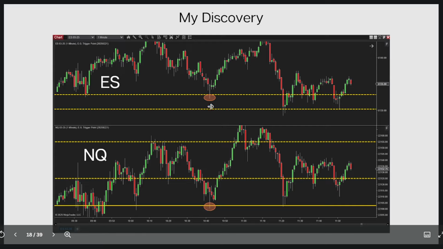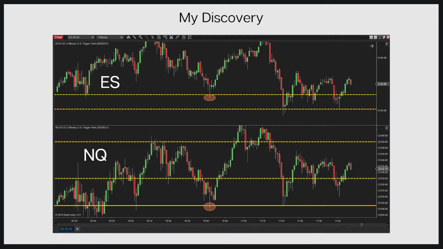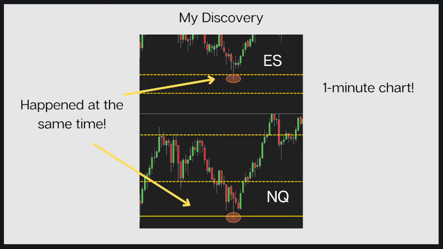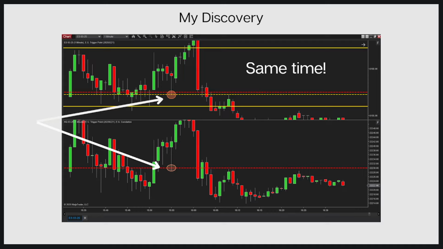Now, again, guys, this is a 1 minute time frame. I saw this reaction on the 1 minute time frame to our trigger point happen at the same time. So it was a very interesting phenomenon that I observed.